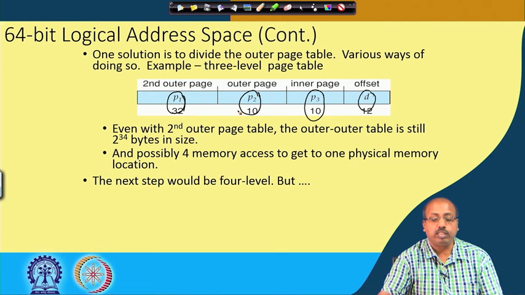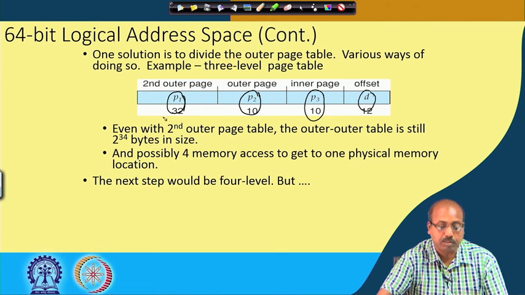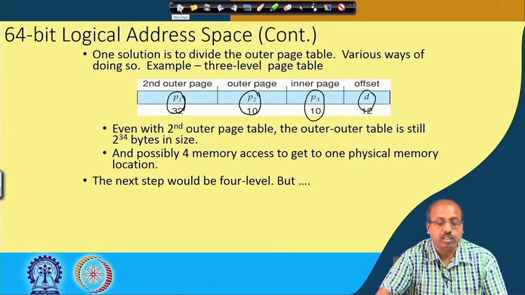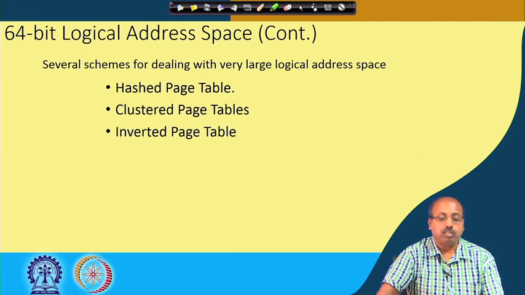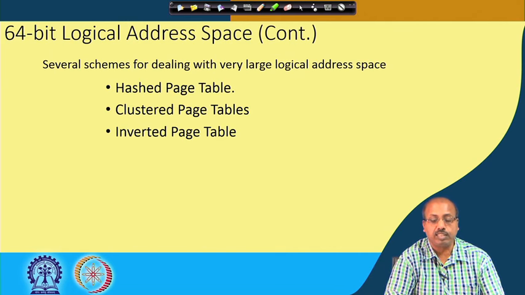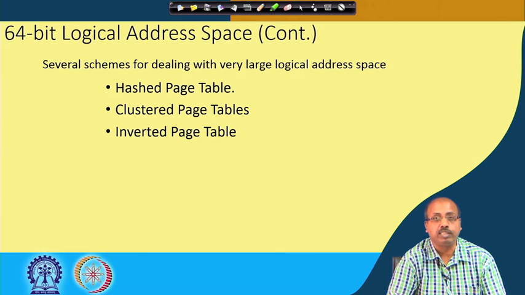So, this is still not a good solution, and we have to see how this problem can be solved. There are other possible techniques by which this large physical address space can be resolved. One is known as hashed page tables, then there are clustered page tables, and there are inverted page tables.